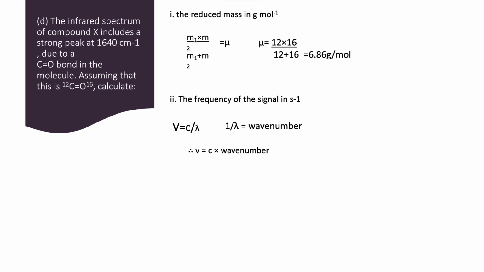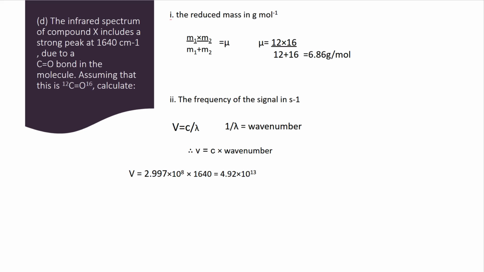If we put those two equations together, we get frequency equals the speed of light times the wave number. So frequency equals 2.997 times 10 to the 8 times 1640, which equals 4.92 times 10 to the 13.